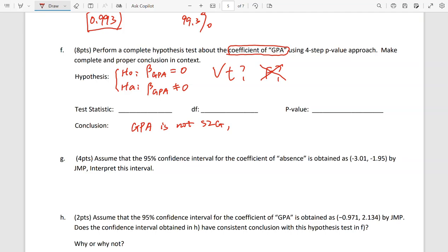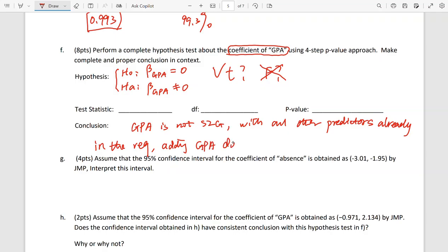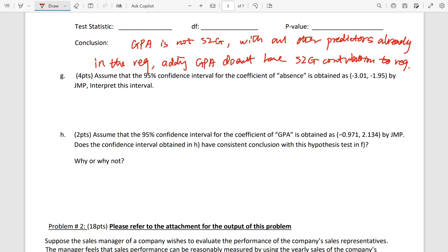So we say with all other predictors already in the regression, adding GPA doesn't have a significant contribution to the regression. All right, okay.